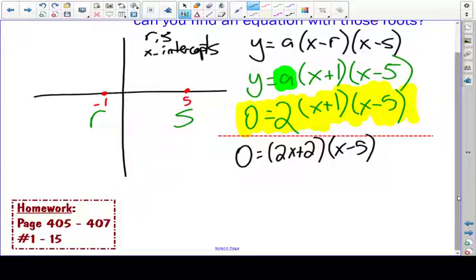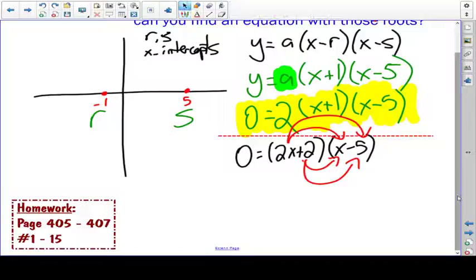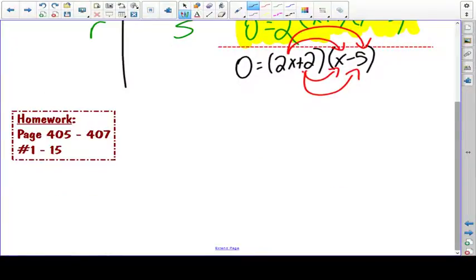When I'm multiplying two binomials together, remember, I go from the first term of the first to the first term of the second, first term of the first, second term of the second, second term in first, and second term in second. So initially there should be 4 terms when you expand this.